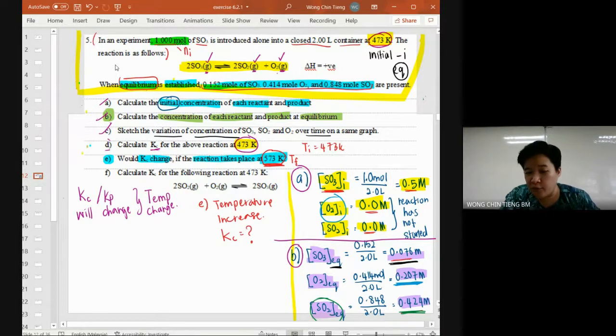Look at one formula: KP equals KC(RT)^ΔN. R is a constant that will not change. Other than R, ΔN is also a constant. Why do I say ΔN is a constant?